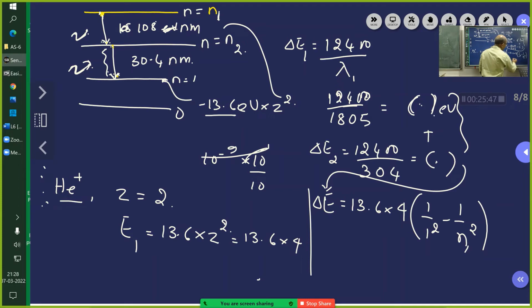So from this formula, you can determine the value of n, and that is the answer. Okay, everybody got it?